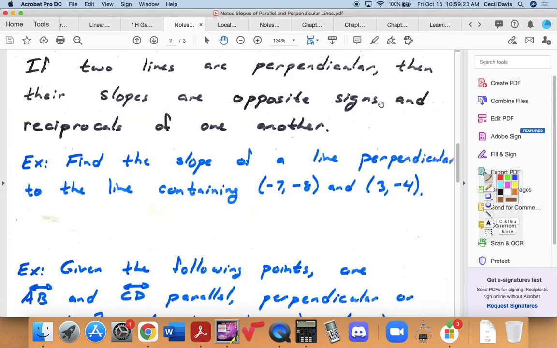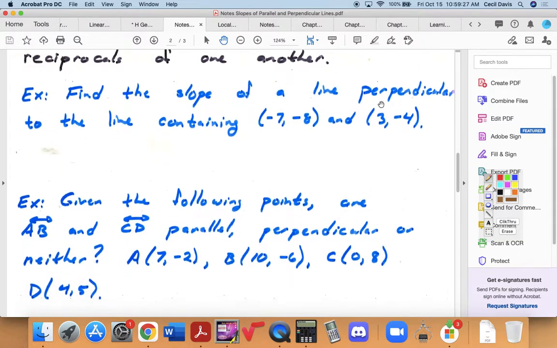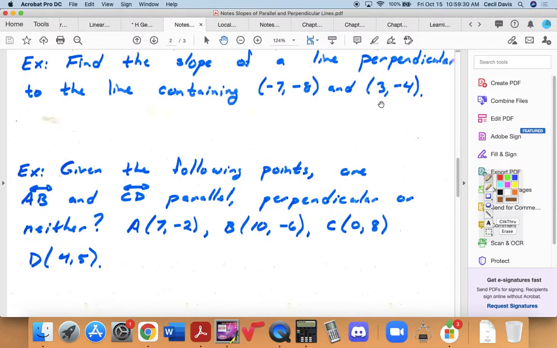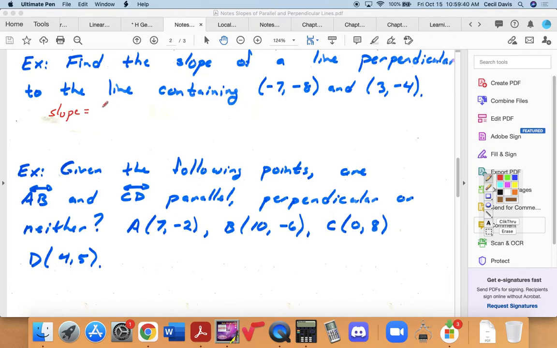Okay? So let's find the slope of a line perpendicular to the line containing the points -7, -8, and 3, -4. So the slope of the original will be -8 minus -4 over -7 minus 3.